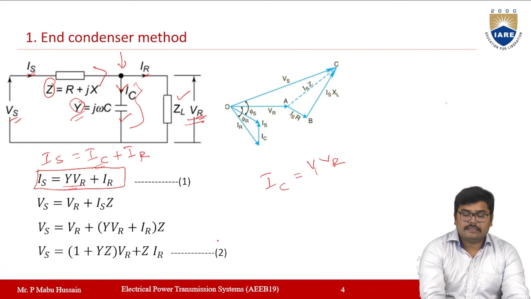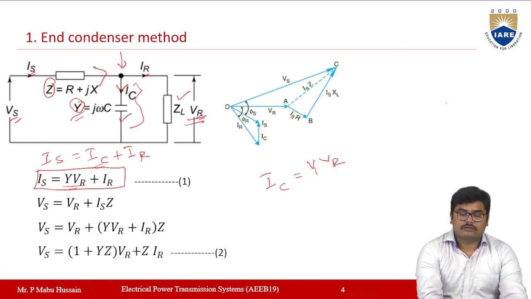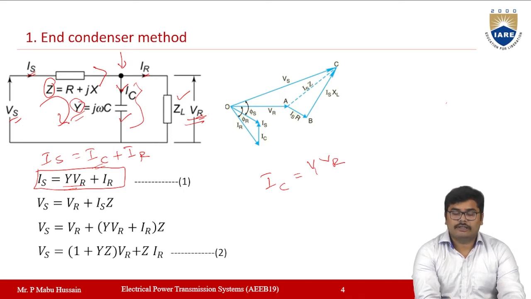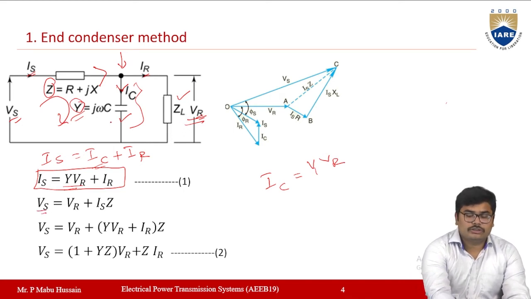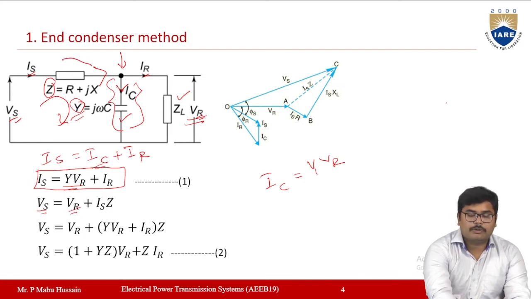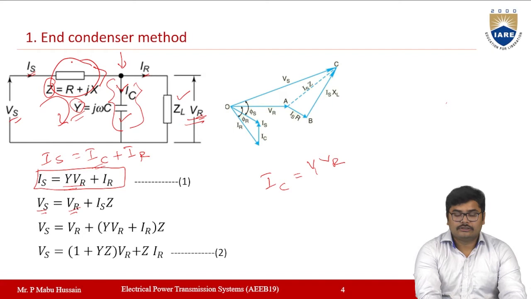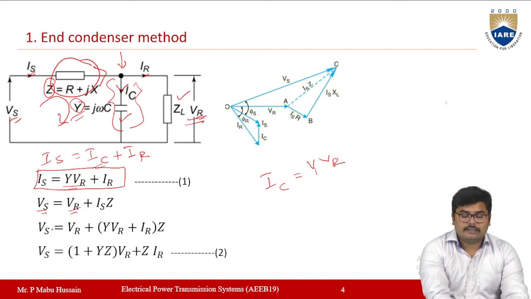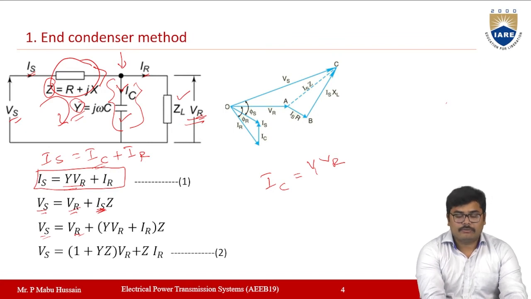In a similar way, you can represent the voltage equation at the sending end. To get the voltage at the sending end, you apply KVL. Vs will be equal to the voltage across the capacitance, which is Vr, plus the voltage drop across the total impedance Z, which is Is into Z. This simplifies to Vs equals Vr, and in place of Is you write Y into Vr plus Ir.